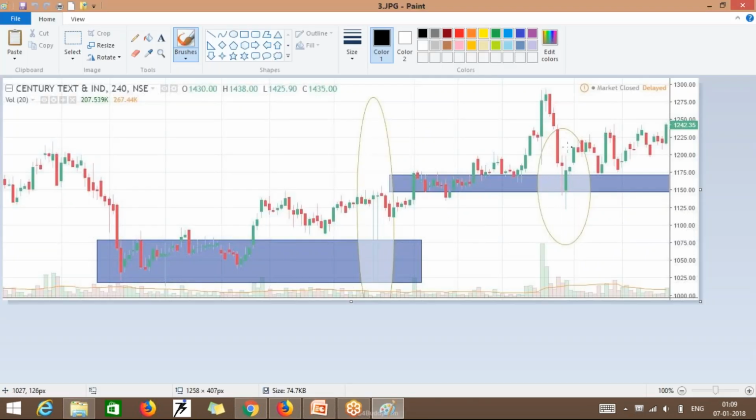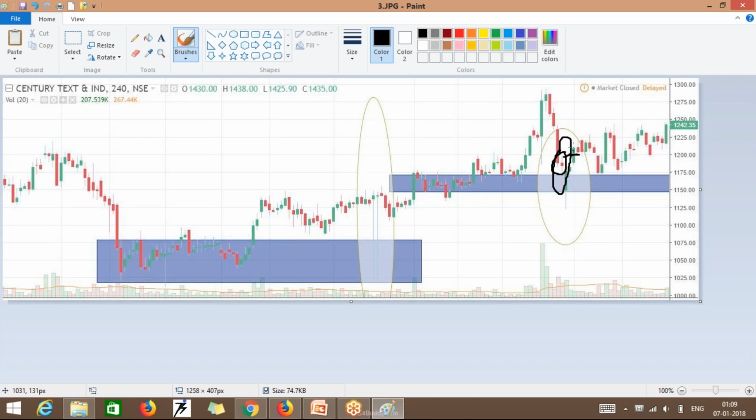Let's see this. We were talking about this candle. So it is suggested that whenever taking a trade using pin bars, if this is the pin bar, your trade should be above this candle.